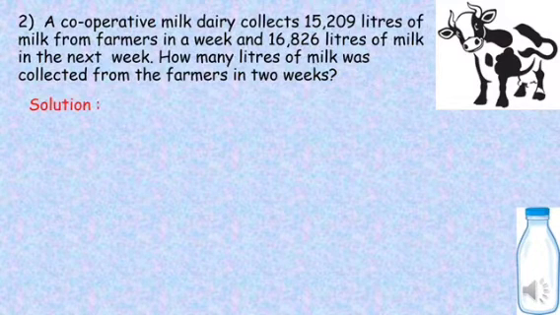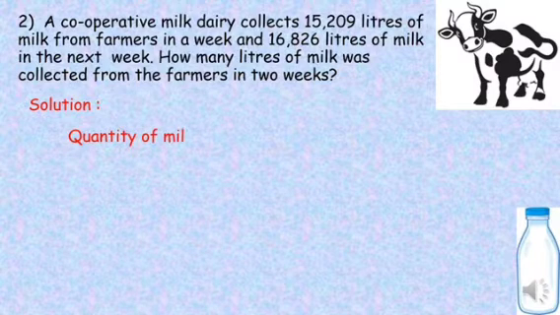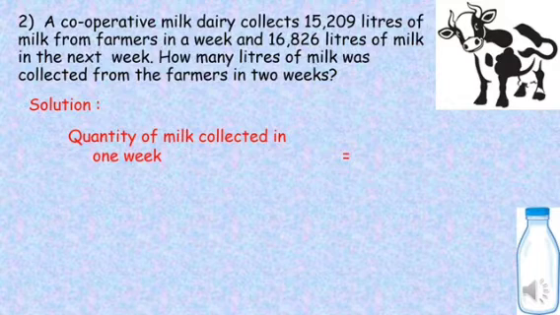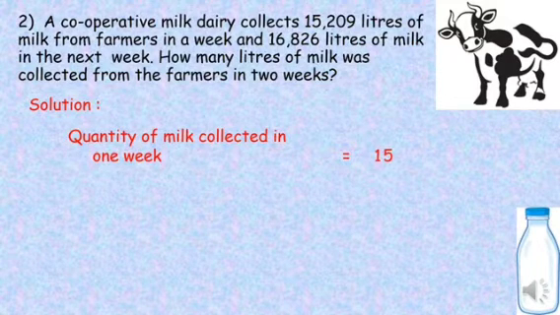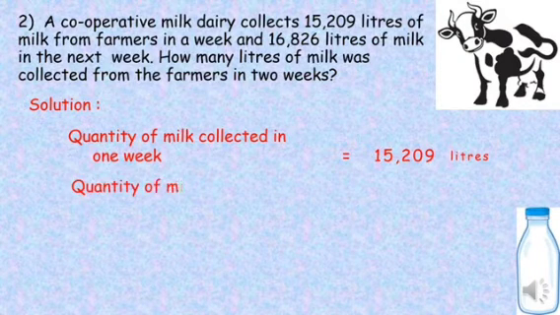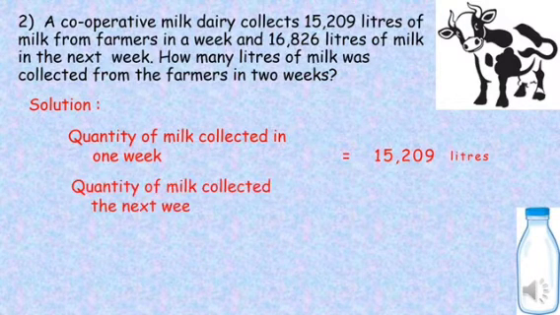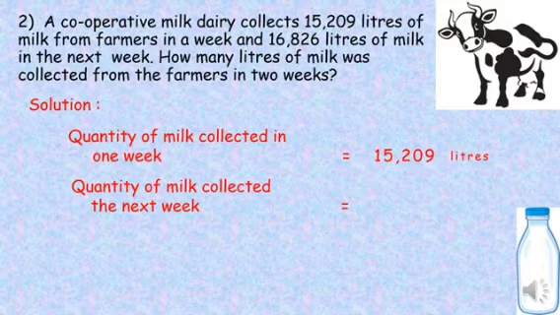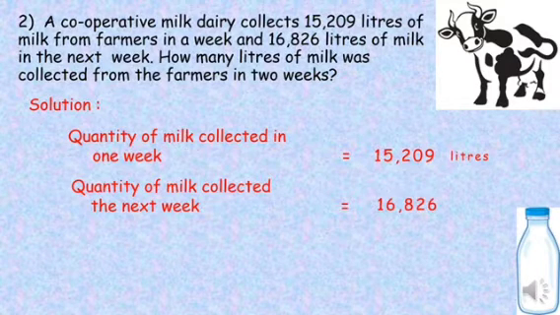So for the solution, what would be the statement written? Quantity of milk in 1 week is equal to 15,209 liters. Correct? Now, quantity of milk collected the next week is equal to 16,826 liters.